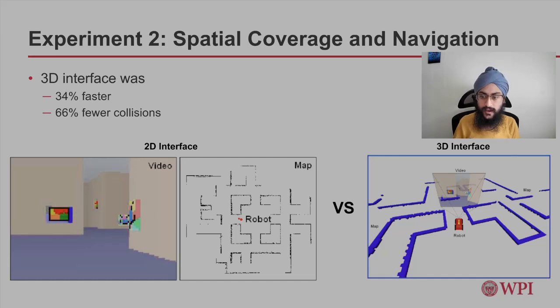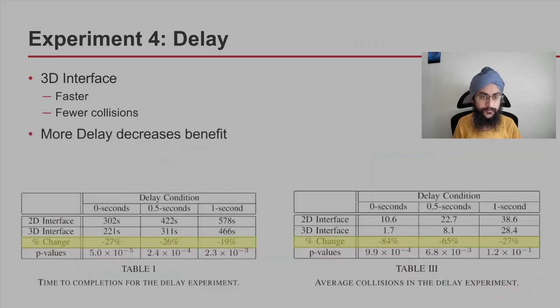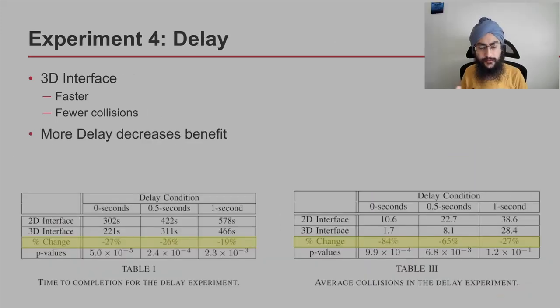So this is a slightly different task, and again, the 3D interface is performing better. And then I'm going to skip over experiment 3 because it doesn't show too much more information that isn't covered in the other experiments.